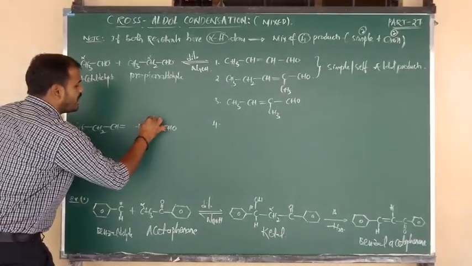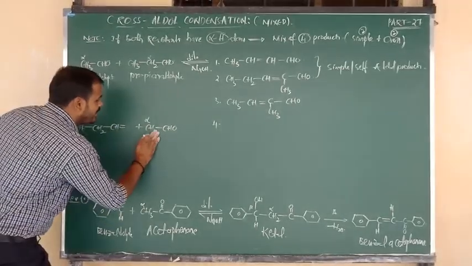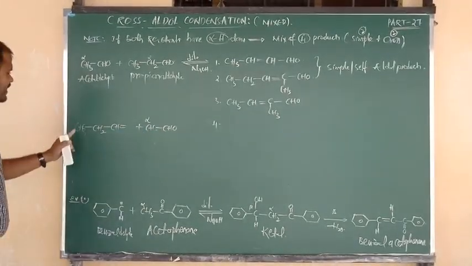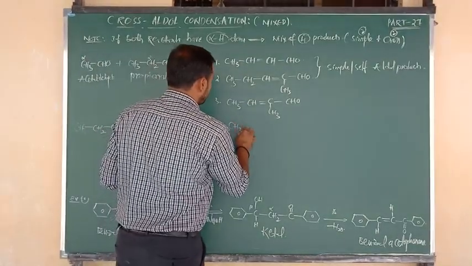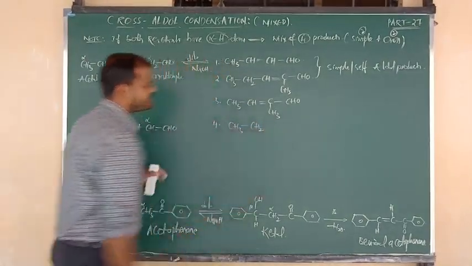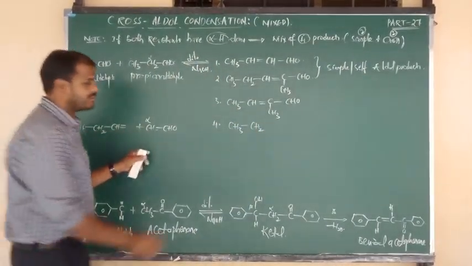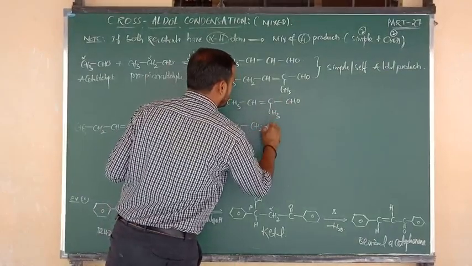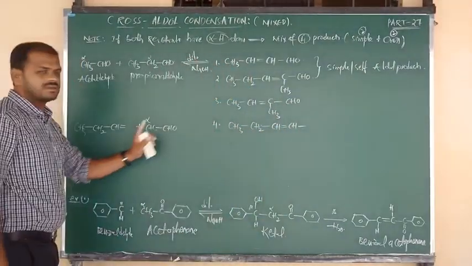From the second molecule's alpha carbon we have to remove 2 hydrogens. Out of 3, 2 hydrogens are removed, remaining is only 1 hydrogen. Join them: CH3 bonded to CH2. Fourth product is CH3 bonded to CH2, CH2 connected to CH double bond CH, bonded to CHO.